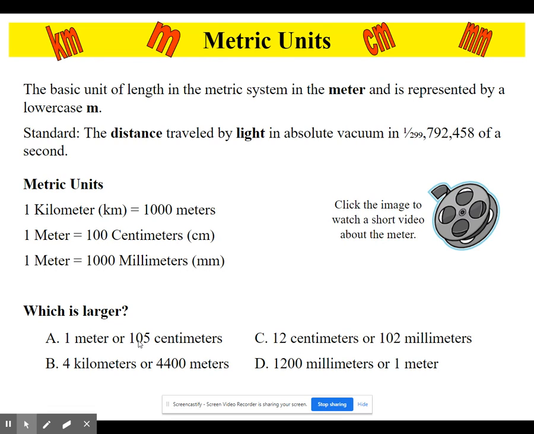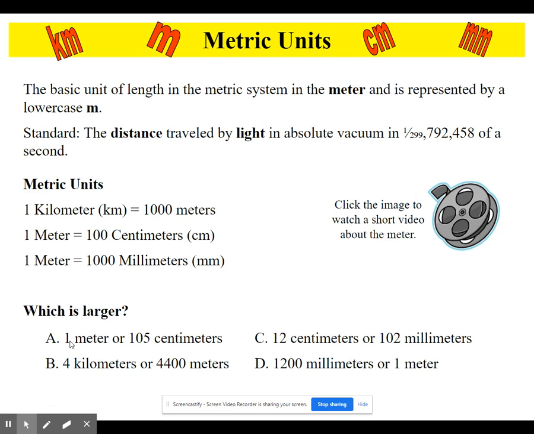So which is larger, 1 meter or 105 centimeters? We've been talking a bit about this, and using the ladder method. In order to do this, you have to convert one of the units. You can convert meters to centimeters or centimeters to meters. Let's just start here at meters. I know that it takes 100 centimeters to equal a meter.